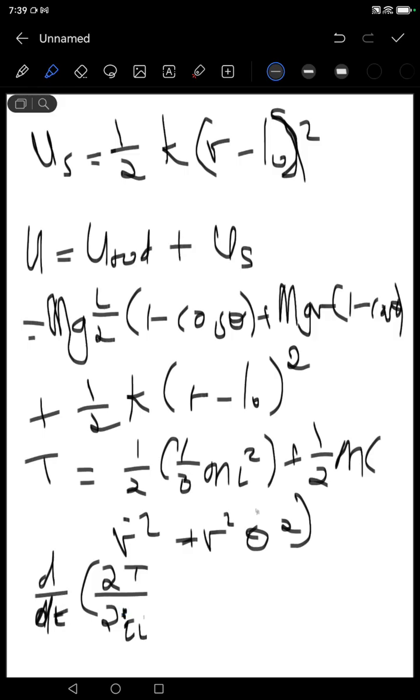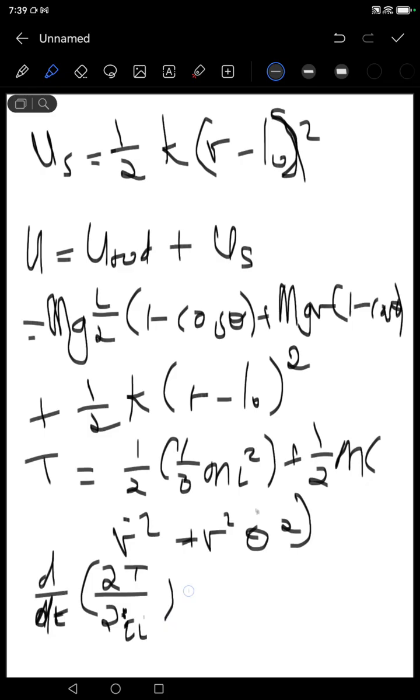Remember I said q is for displacement. Our displacement is theta and r. So we're going to have two nonlinear equations because of the generalized coordinates theta and r. We're going to start with theta and then r. Wherever there's q, we're going to substitute theta, and after determining the first equation, for the second equation, wherever there's q, we're going to substitute r.